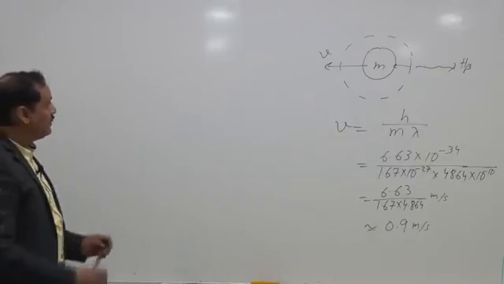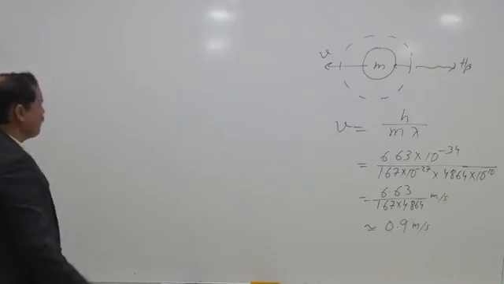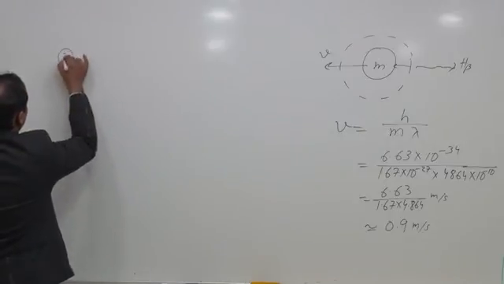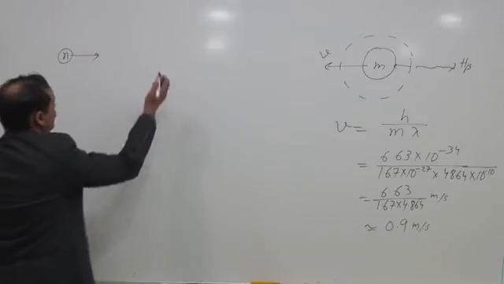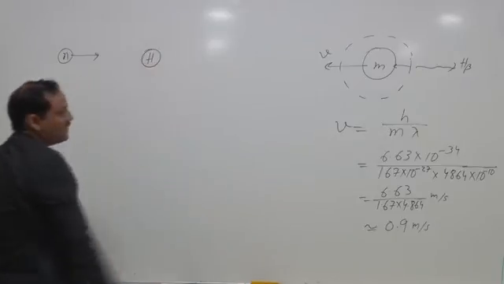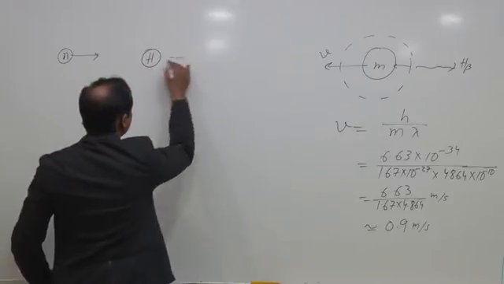Now next we have atomic collision, there in the form of a question itself. A neutron is bombarded towards a hydrogen atom in the ground state, initially at rest.